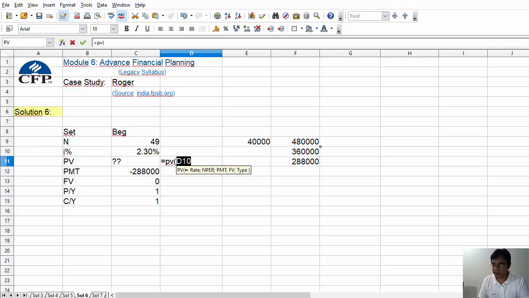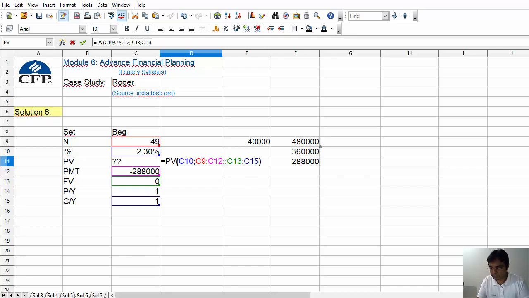So we have to find the PV, number of periods, PMT. Okay, next one is the future value, and last is the set, which is begin. And let me close that bracket, and I'm getting an error.